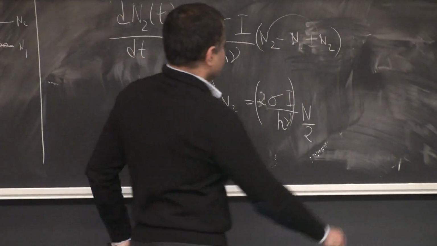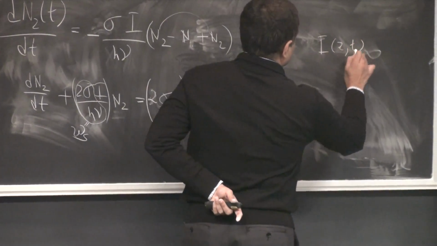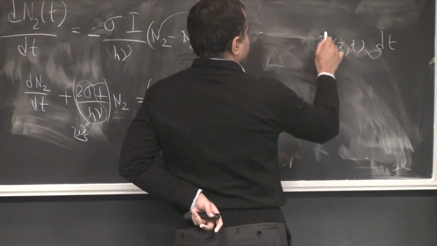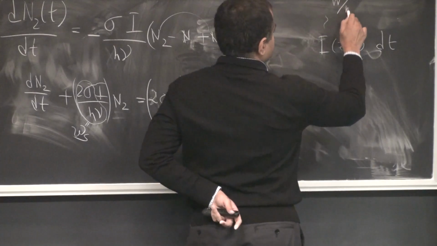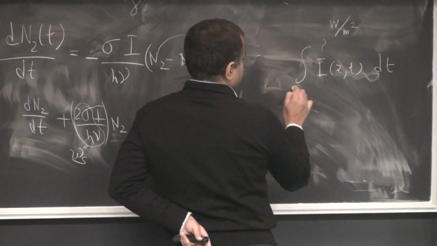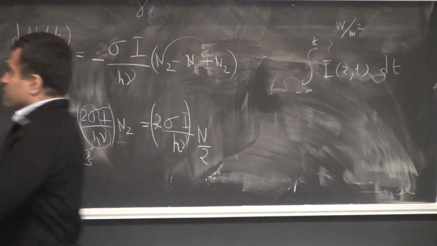So intensity, right, if I take the intensity and I integrate it over time, remember intensity is in watts per meter square or centimeter square. I'm going to integrate it over time from the beginning, way before the pulse has arrived.